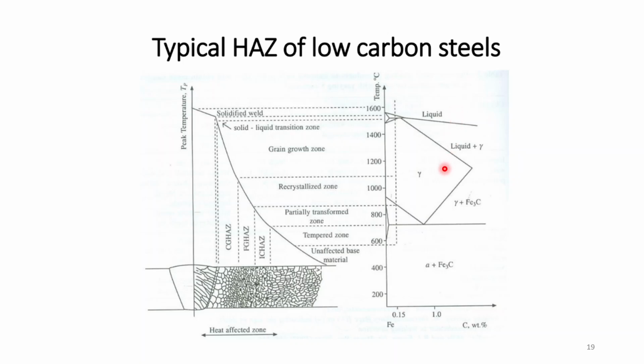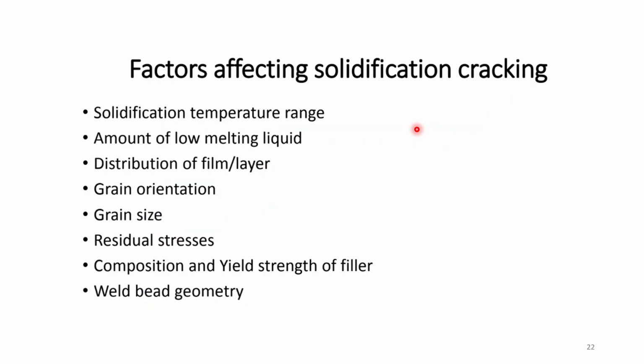If you have some other alloys, they will have this type of phase diagram, where up to here you have a longer solidification time compared to here, up to this composition where you have a very small range. Based on this, your solidification cracking changes.